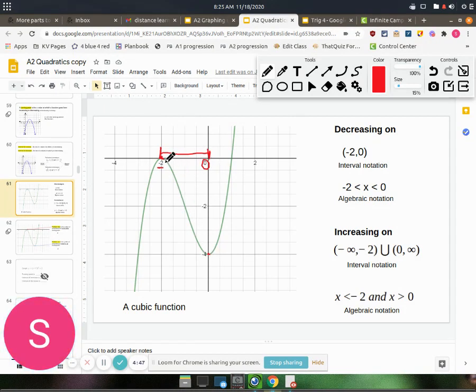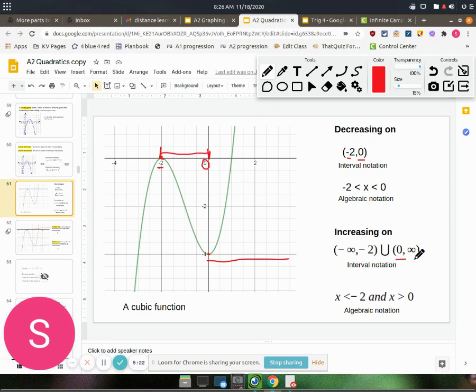I know it's tempting to say negative 2 to negative 4, but you always want to refer to the x values when you're talking about the interval of increase or decrease. So you're really just referring to the turning points. From negative 2 to 0, this thing is falling. And then it's increasing everywhere else. From 0, as it goes out to positive infinity, these y values are increasing.